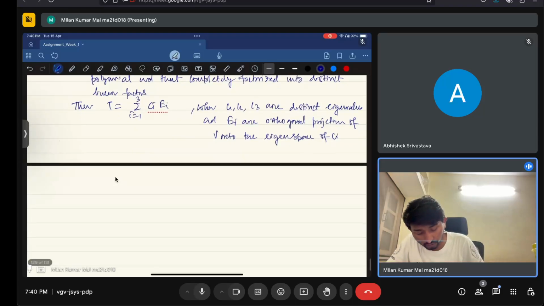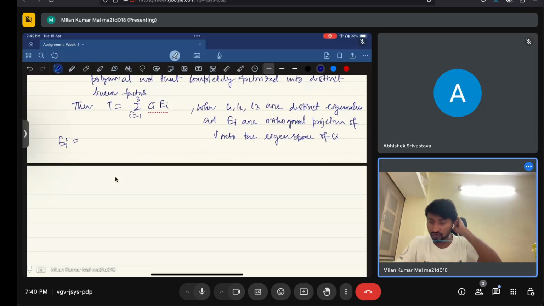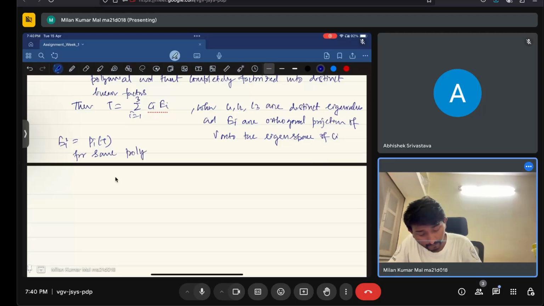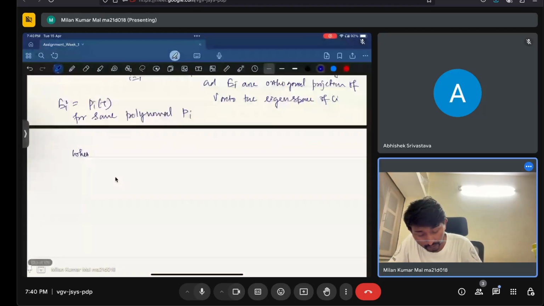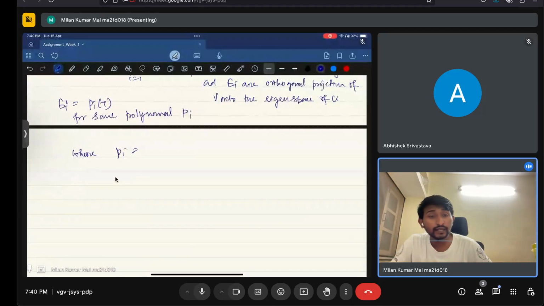But then we know that Ei equals Pi(T) for some polynomial Pi, where Pi is actually Lagrange's polynomial.